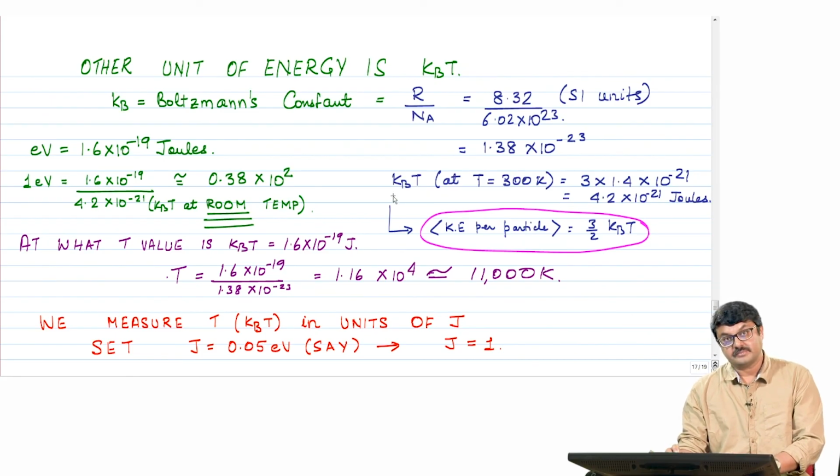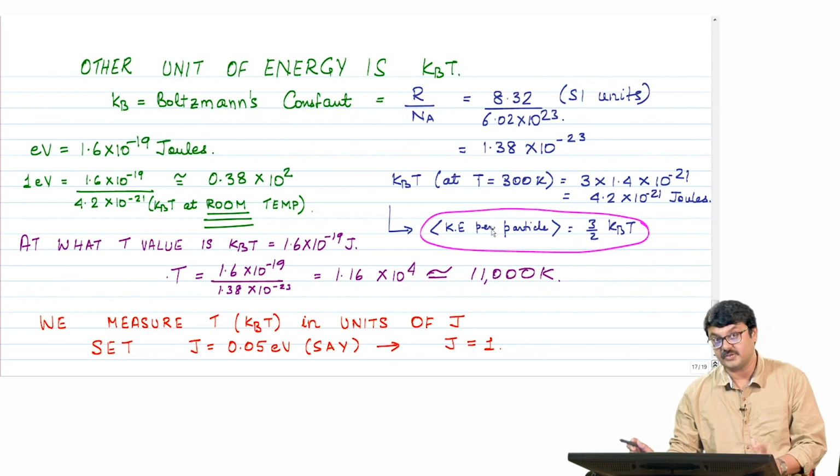kBT has units of energy. You might have read in your statistical physics course that using the equipartition theorem, the kinetic energy per particle of a monoatomic gas is 3 by 2 kBT. Kinetic energy is essentially in units of energy.